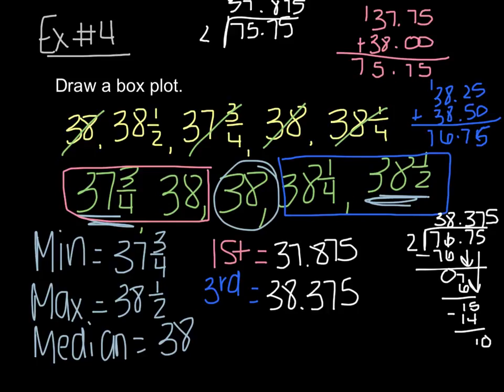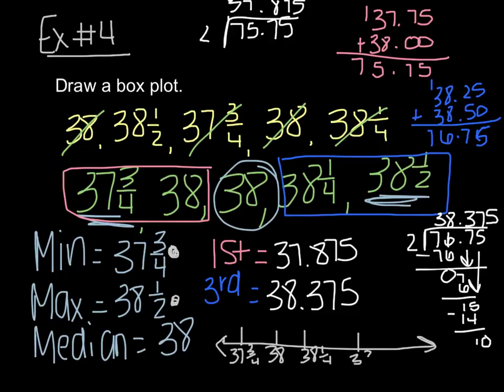And let's go ahead and draw our box plot. So we only need to go from 37 3/4 to 38 1/2. So 37 3/4, 38, 38 1/4, I'm counting by fourths here, and 38 1/2. And let's go ahead and plot minimum, maximum.